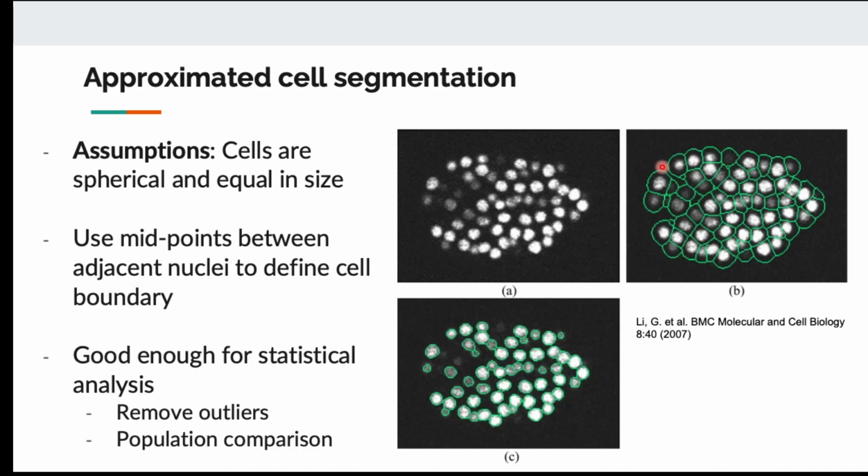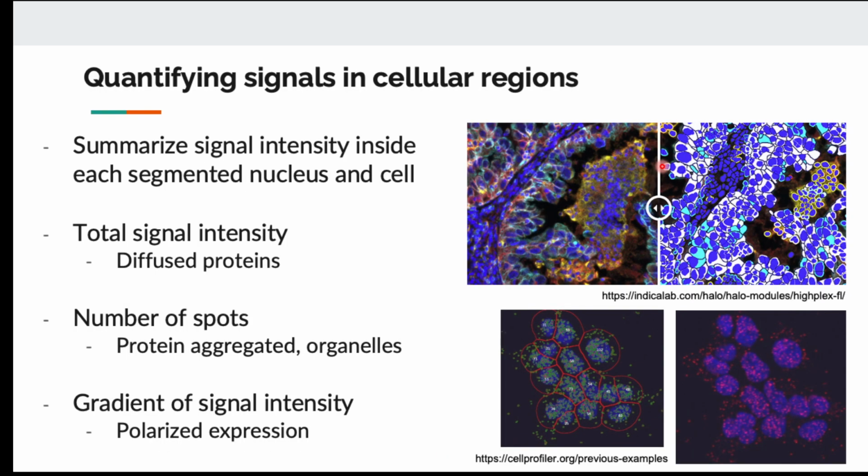Okay. So once we can locate where the nucleus are, where the cells are, next would be to try to understand if the cells are the same type. Do they express the same protein? In this case, you are going to analyze fluorescence data usually.